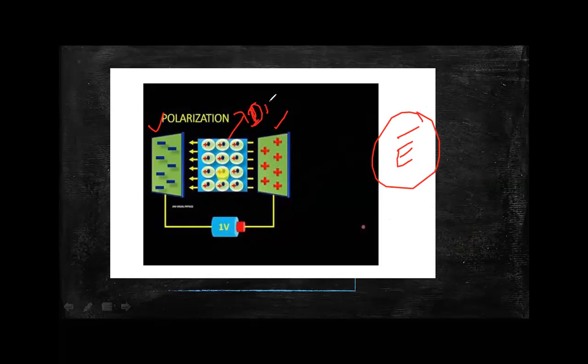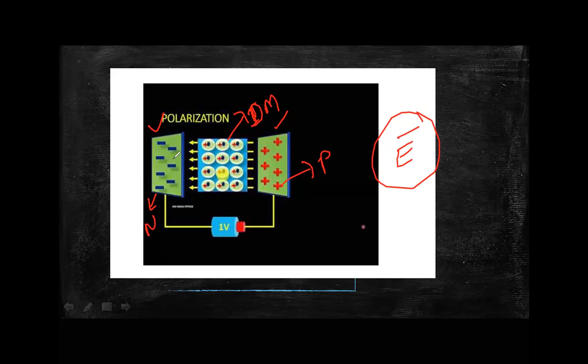When you apply a 1 volt potential difference between the negative plate and the positive plate, the flow should start from the positive terminal to the negative terminal, right? The electron should move from positive to the negative side, or no?